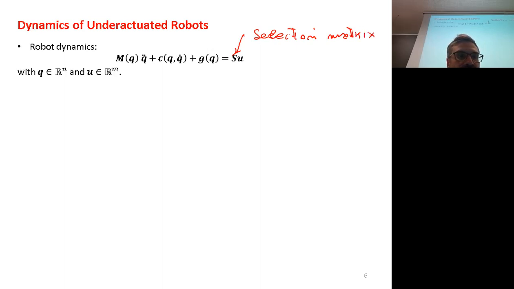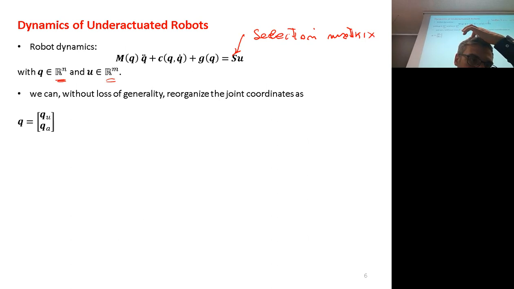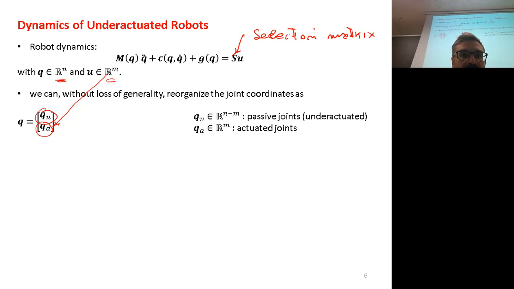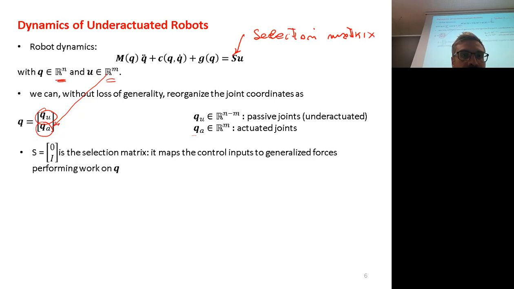And first we see here that the number of joints is R^n, and the number of actuation inputs is R^m, and we can, in an underactuated robot, reorganize the joint coordinates as actuated ones that are relative to the torque input, and underactuated ones that are passive. These are passive joints, R^(n-m), and the q_A are the actuated ones, and are R^m.